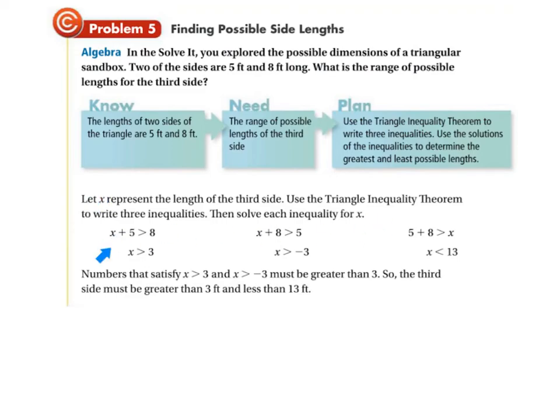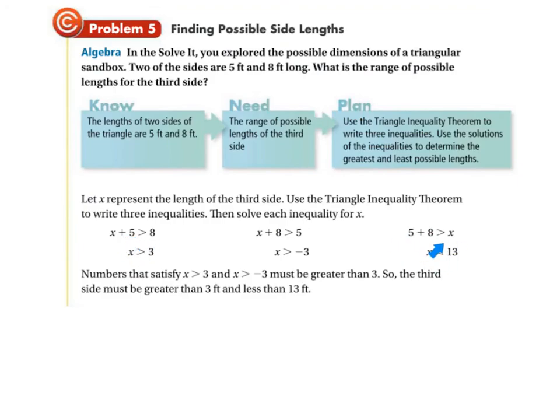So you can see here that if we say x is the third side, so either x plus 5 has to be greater than 8, or x plus 8 has to be greater than 5, or 5 plus 8 has to be greater than x, where x takes all the different positions, okay? And obviously x must be greater than -3. And since it also has to be greater than 3, we know that the smallest number is 3 here, right?